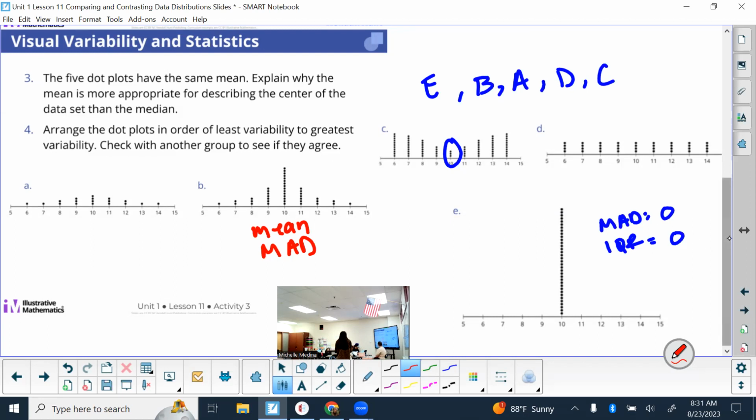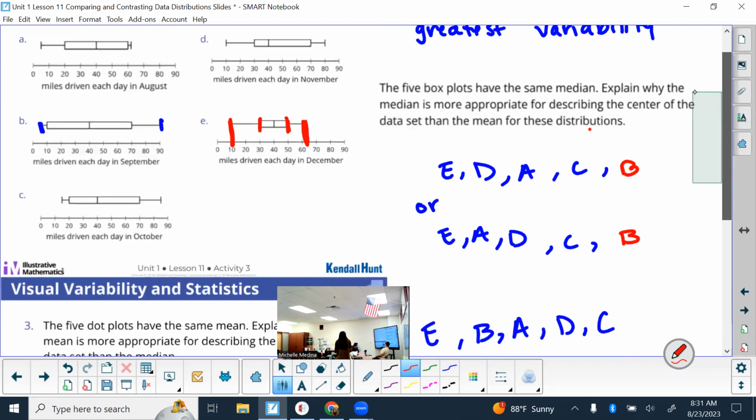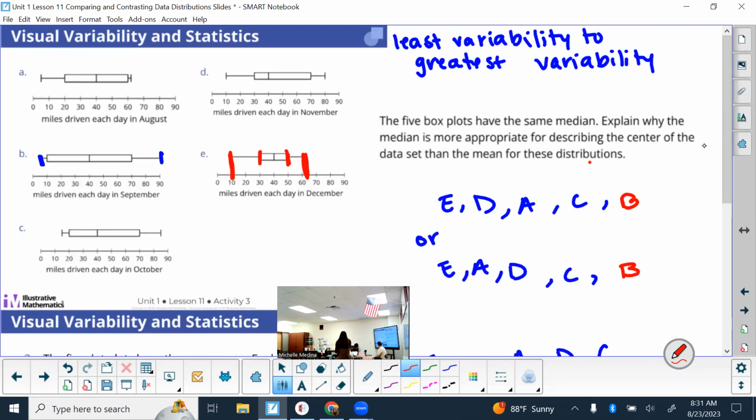In this example, which one of these box plots is not symmetric? Which one looks definitely skewed? I would say B looks definitely a bit more right skewed compared to the other ones. So in that one, what would we use, mean or median? Median if it's not symmetric, and then IQR or MAD? IQR, if it's the median that's better.